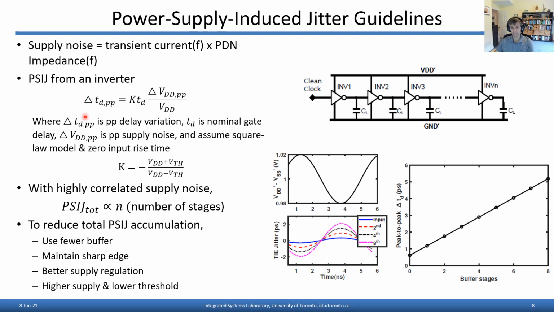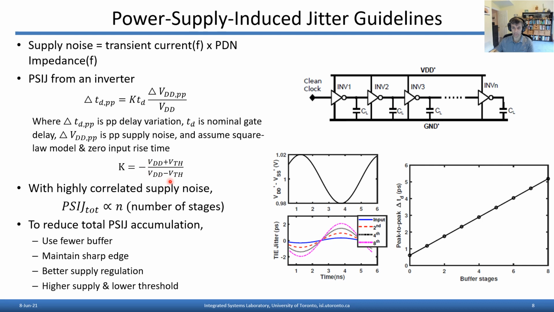And then using the model shown on the last slide, we know that the induced jitter, the variation in gate delay, is going to be proportional to the gate delay with no variations times the percentage VDD variation. Now it turns out this constant of proportionality K, which essentially quantifies the power supply sensitivity of the buffer, is essentially a technology constant.